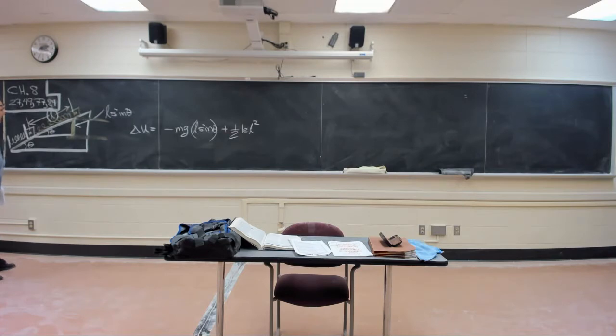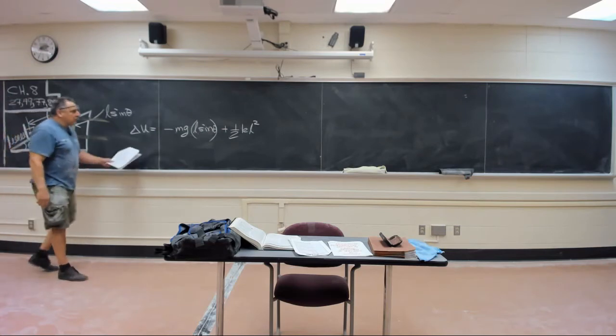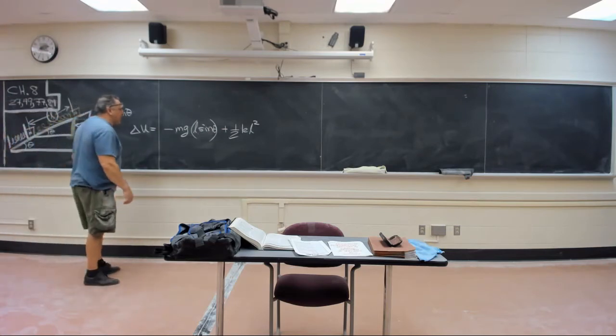let me try to think about this for a second. This would be mg sine theta times L. That's the amount of compression. There should be no change in potential energy, generally speaking, here, you guys.